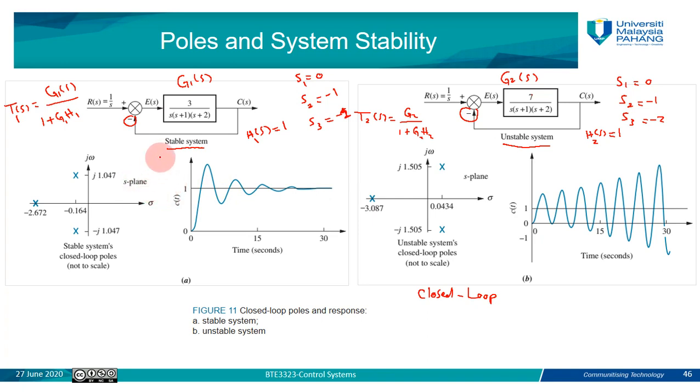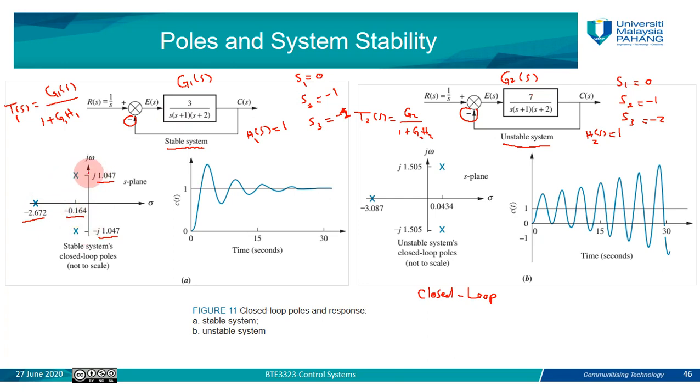So the poles for the first function, T1, will be located at negative 2.67, negative 1.6 or 0.164, and also you have two imaginary poles located at plus and minus 1.047j. So you have four poles: two real and negative, and two imaginary on the axis.